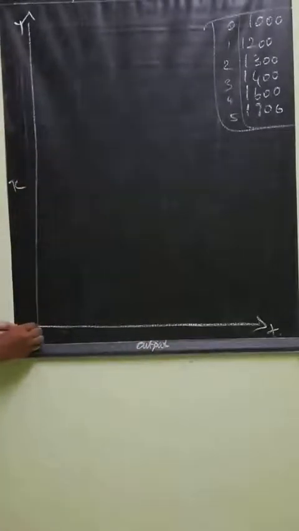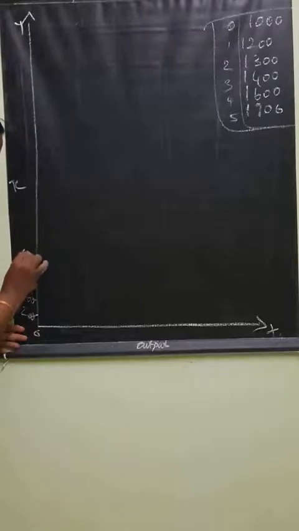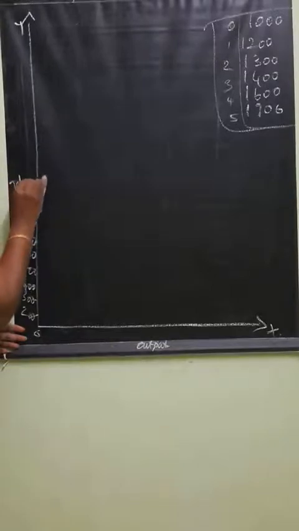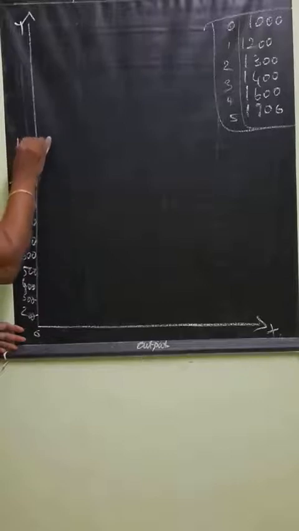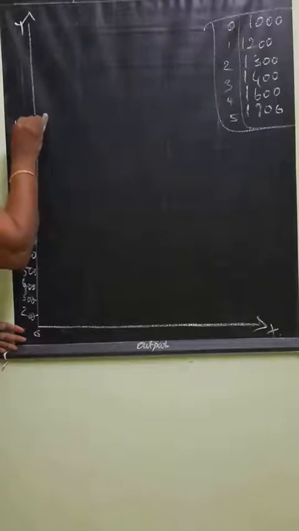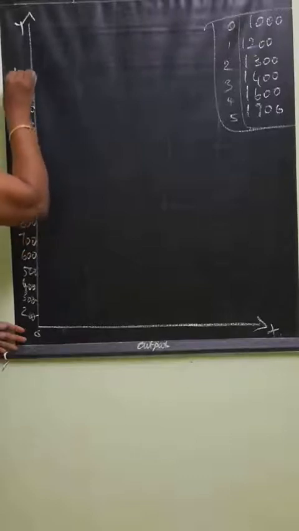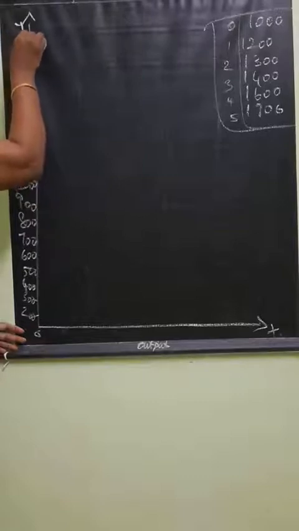So let me draw the diagram. 200, 300, 400, 500, 600, 700, 800, 900, 1000, 1100, 1200, 1300, 1400, 1500, 1600, 1700, 1800.